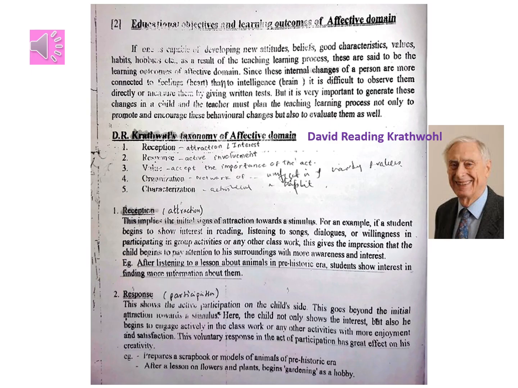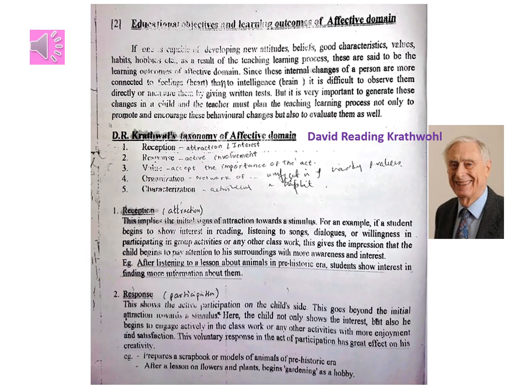These are internal changes within oneself. Since these internal changes of a person are more connected to feelings or heart than to intelligence, brain, it is difficult to observe them directly or measure them by giving written tests.